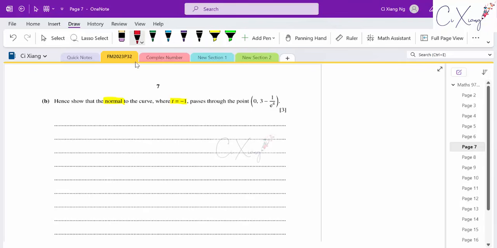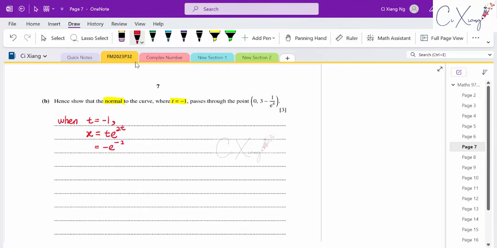Before we can find the normal to the curve, we need to find a few important values first. First of all, we need to find, when t equals negative 1, what is the value for x. From the question itself, x equals t e^(2t). If I substitute negative 1 into this equation, I will have negative e^(-2).